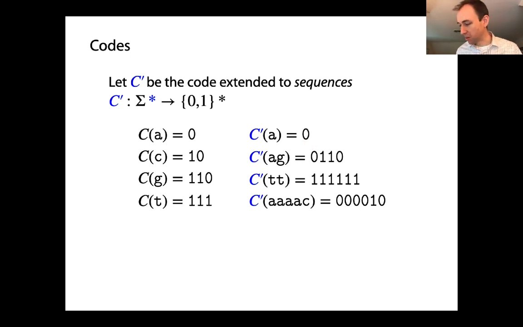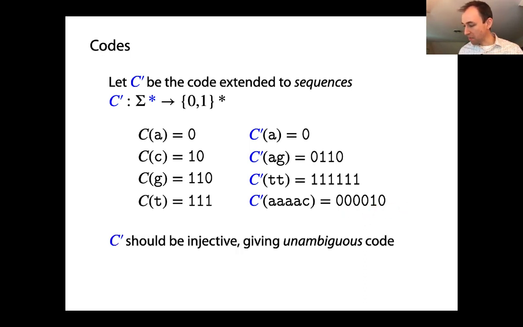C prime applied to AG is the concatenation of the codes for A and G. So that would be 0, 1, 1, 0. Likewise, for TT, I've got 1, 1, 1, 1, 1, 1. And for AAAAC, I've got 0, 0, 0, 0, 1, 0. All right, you get the idea.